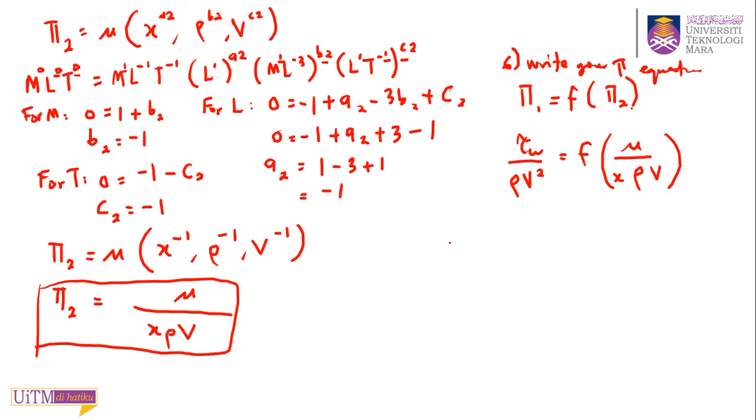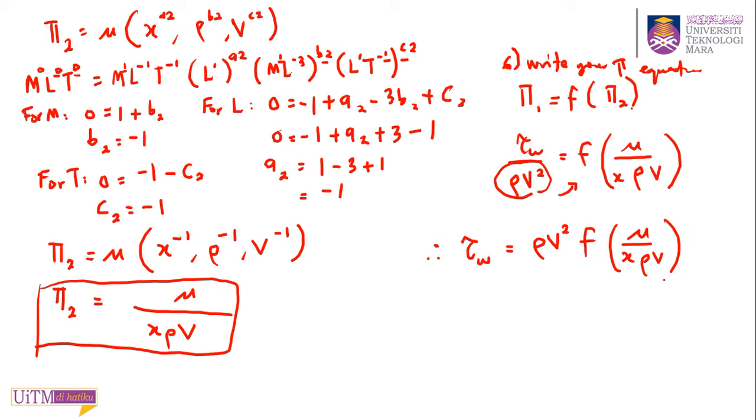Okay, and to get your final equation for tau, bring this term to the other side. So you will have rho v squared f of mu over x rho v. So this will be your final answer for tau.